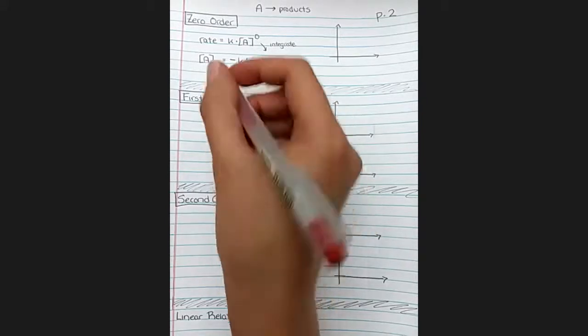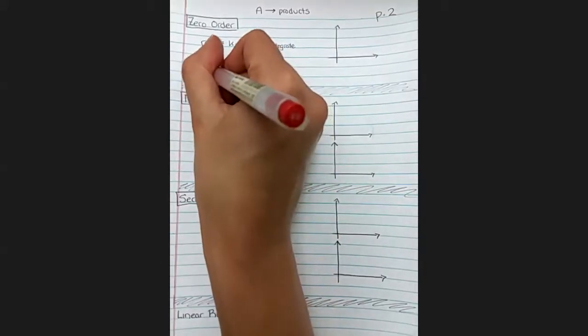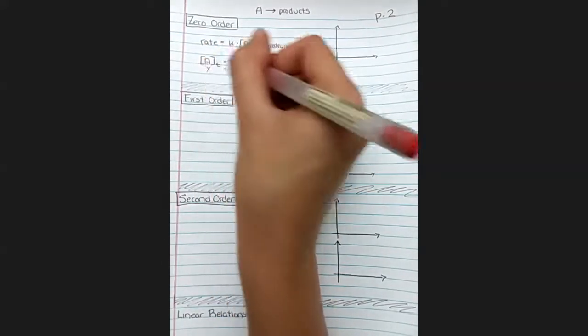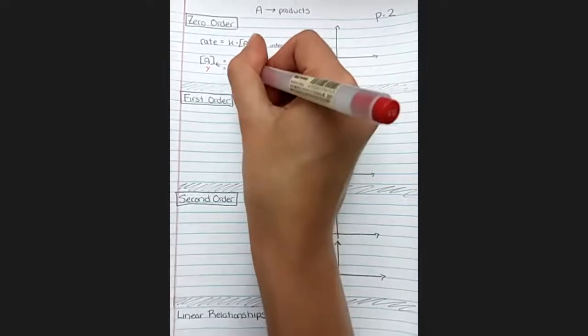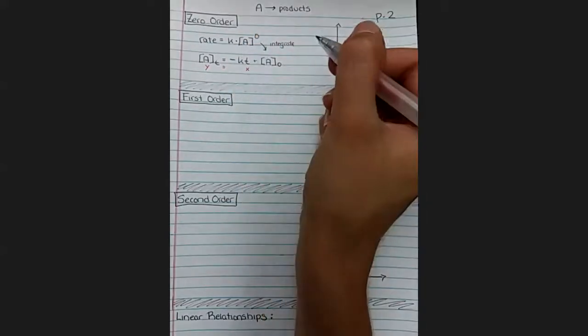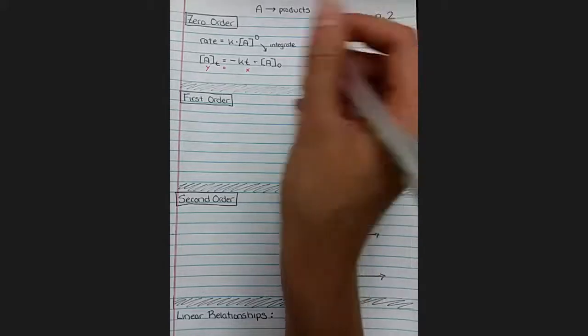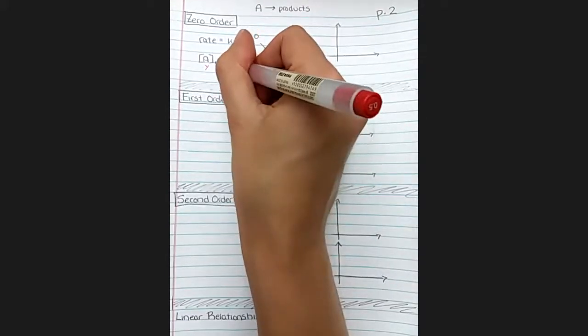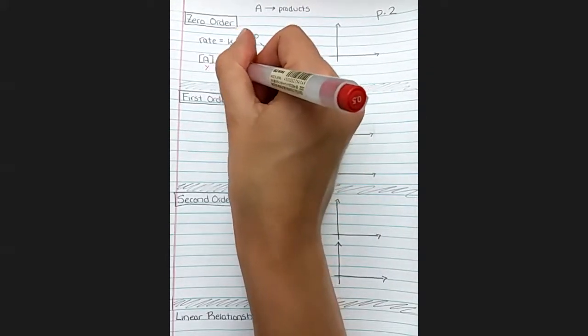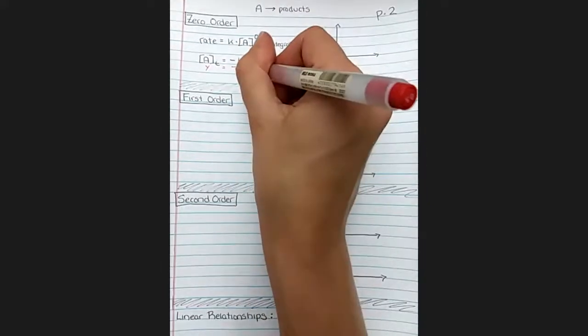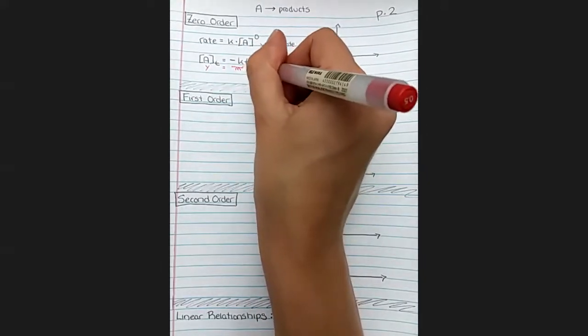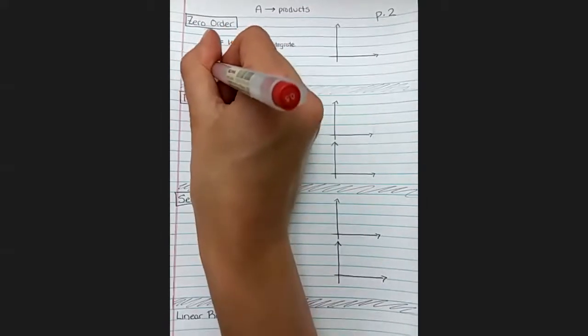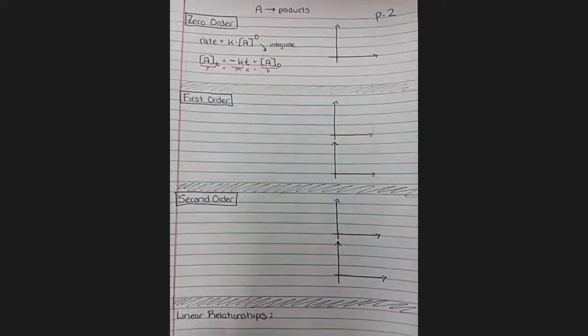This is a linear relationship. We can put the y here under the concentration of A at time t. If we plot t as our independent variable, then we've got m for the negative k for the slope, and b for that concentration of A initially. There's a linear relationship between those two.